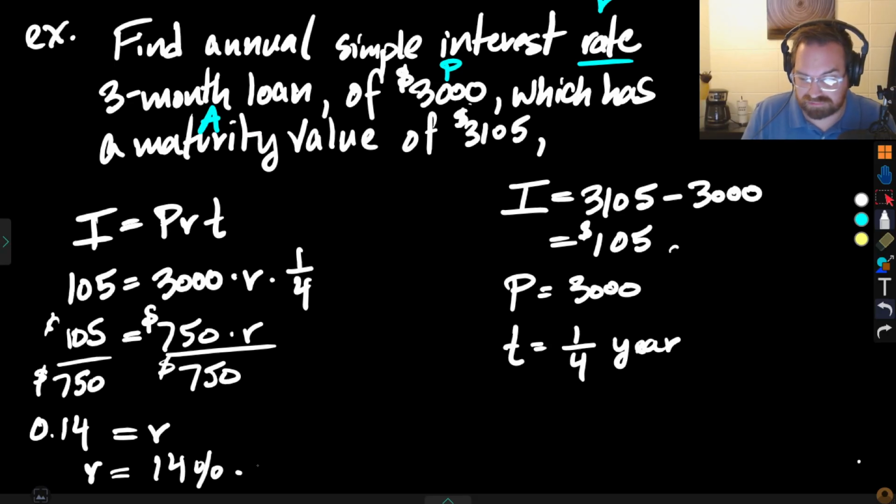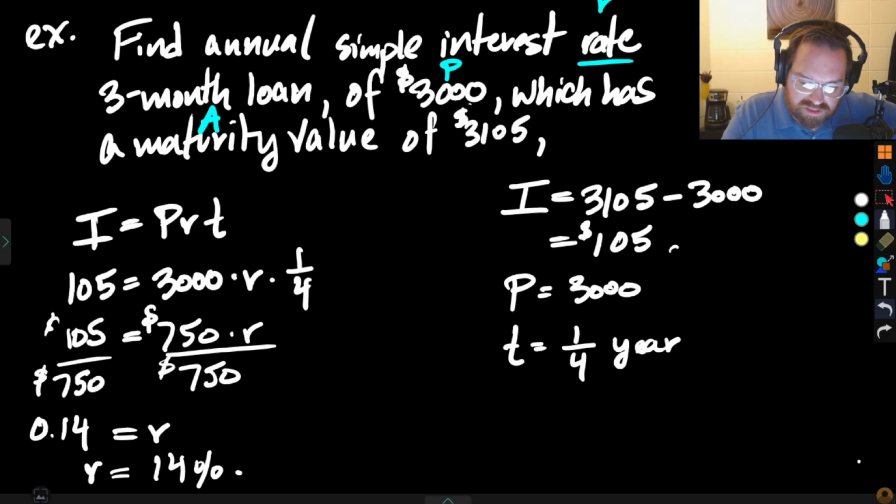That's a lot for a loan, to be honest. Should not be taking out loans at 14%. That's going to be paying quite a bit of interest. Okay. And as we start working through this chapter, you'll understand how high interest rates really are and what they can do. Anyway, okay.